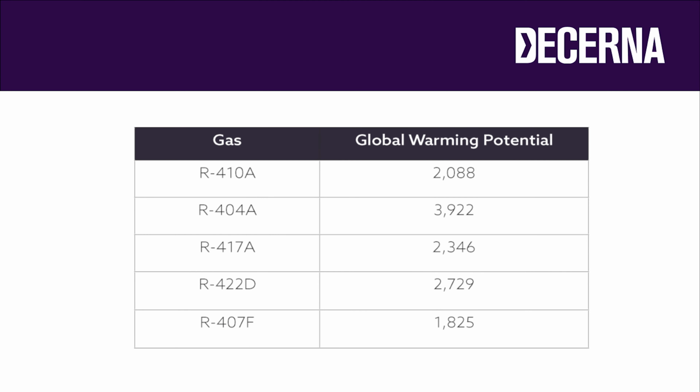So CO2 itself, therefore, has a GWP of 1, whereas some of the older refrigerants, such as R410A, have a GWP of 2000. That means that 1 kilogram of R410A has the same impact on the climate as 2,000 kilograms of CO2.